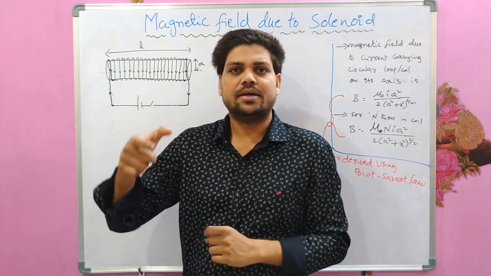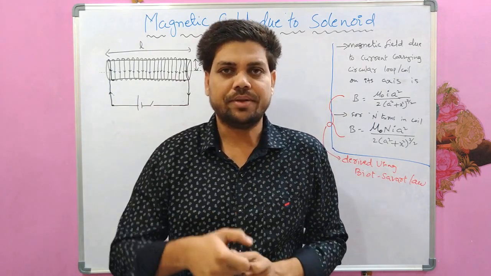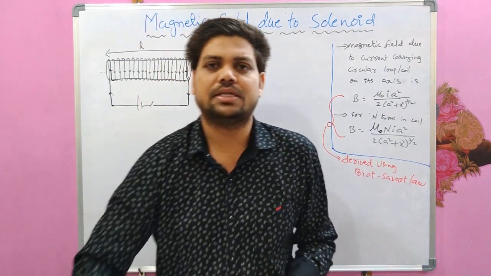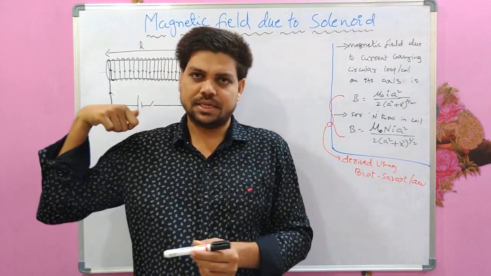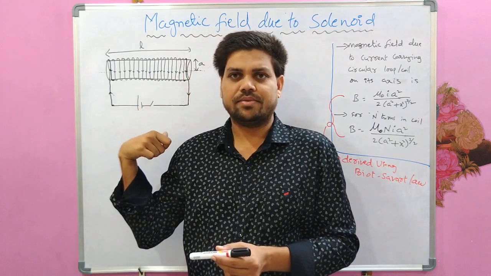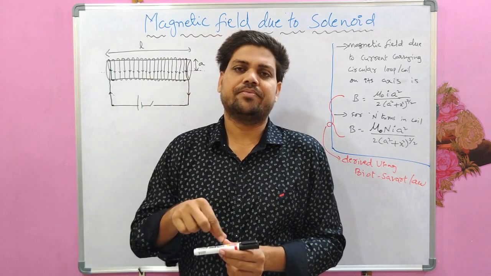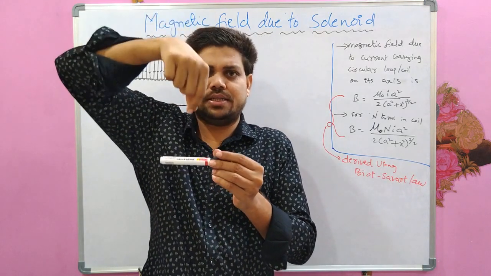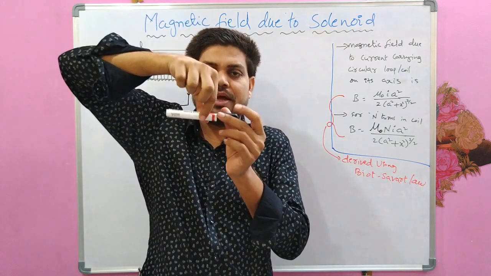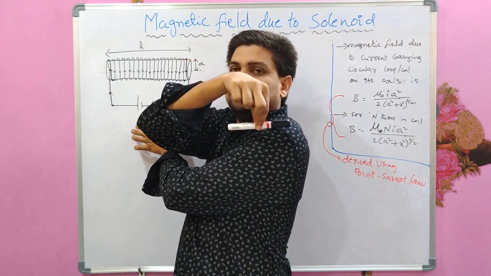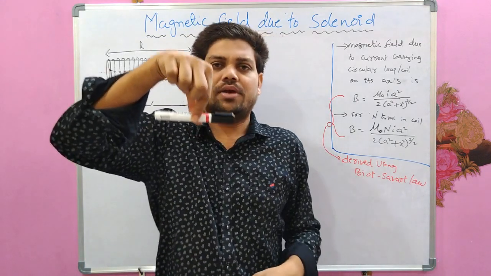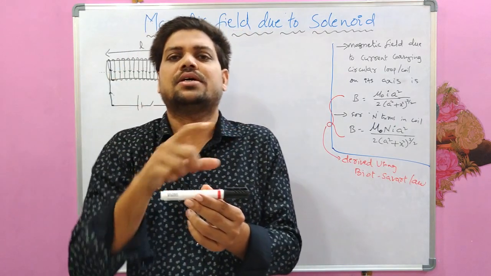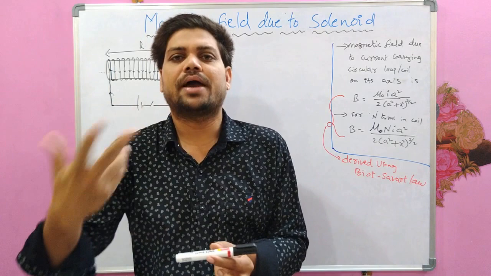A solenoid through which current is flowing is acting like a magnet. For example, if you simply suspend this solenoid through which current is flowing with the help of some thread or anything, that solenoid will automatically orient in the direction of north-south, just like a magnet does.